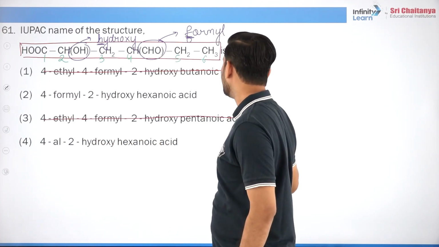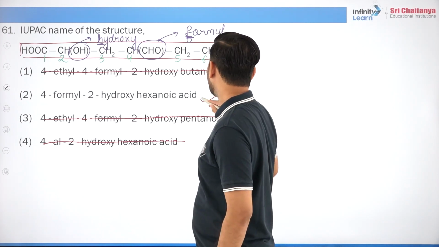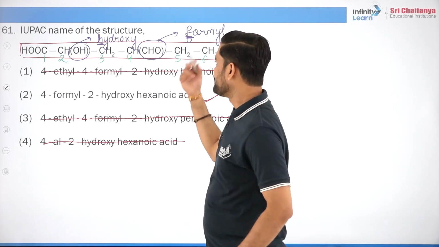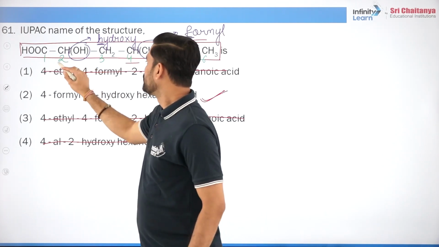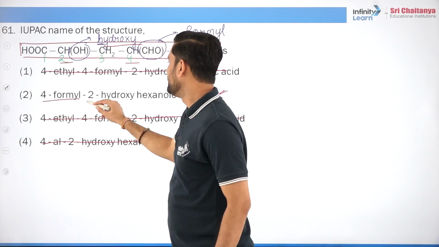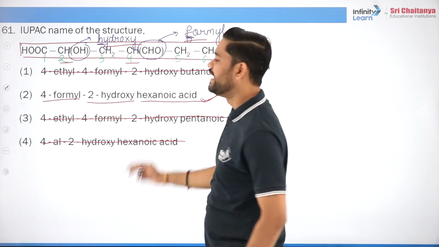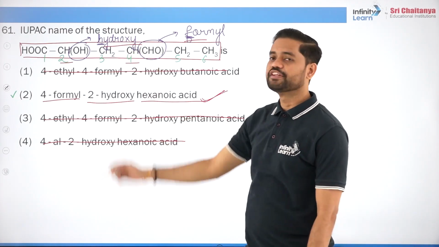The only option that is right is option number 2. The complete name is 4-formyl-2-hydroxyhexanoic acid, and hence option 2 is the right answer for question number 61.